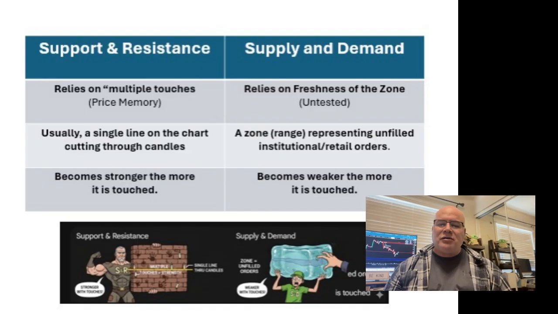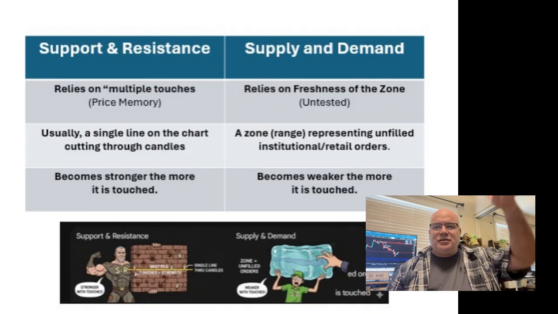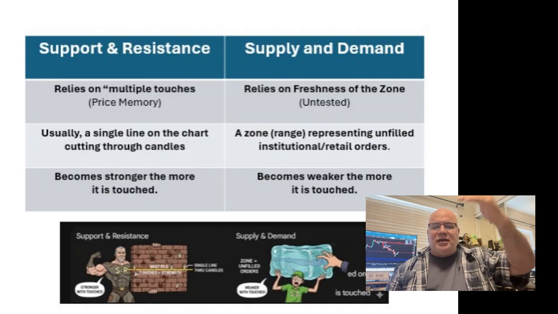Support and resistance relies on multiple touches. It looks for price, it memorizes price, and it comes back to that area sometimes. But it doesn't always come back as support or resistance. It could be resistance on one side, and then go to the other side of it and now be support.